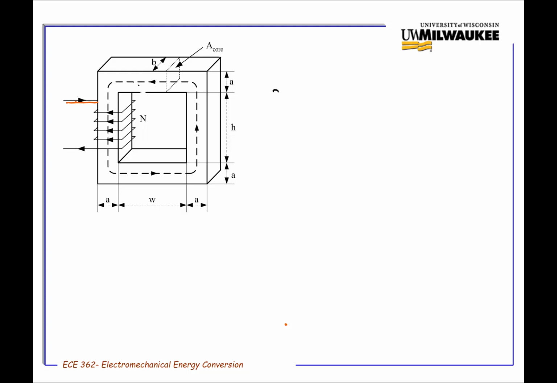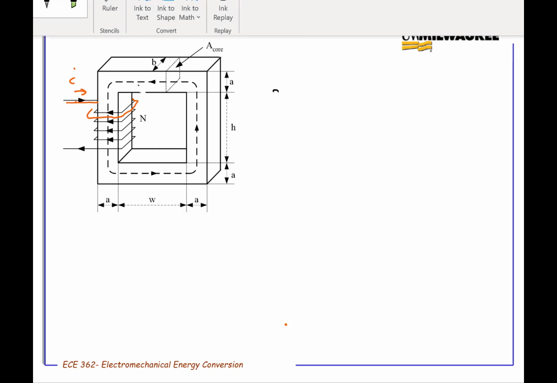So notice I've got the current, the copper wire, but look, it's going the other direction. It's wrapping around the back. So what's that going to do? Your current I is coming in here through the copper wire, and it's going to give you the flux in the opposite direction.